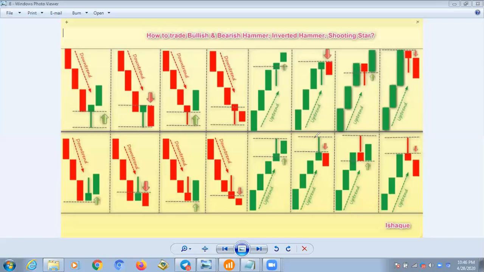Slowly I will give you other concepts, and you will be a profitable trader. Every time you trade, the market will respect your trade. The change will come, no problem. I'm with you, and I will make you a profitable trader in this market if you follow all the rules like you have been following in the past 3 to 4 days.